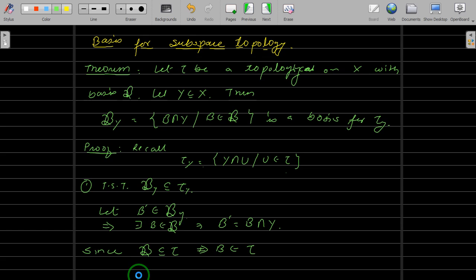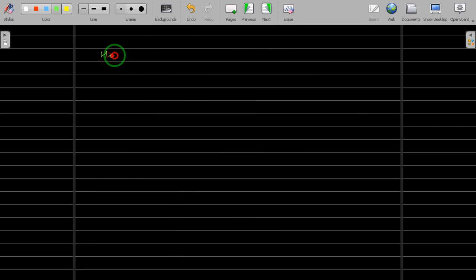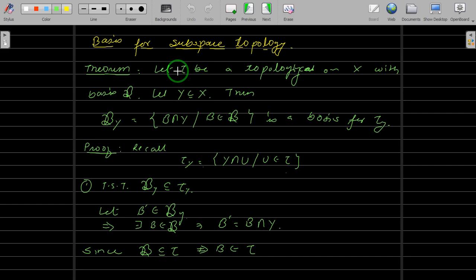Hence we have this B dash, which we are writing as B intersection Y. This B is an element of tau, and we are writing B dash as B intersection Y, so obviously this B dash is open in tau_Y.